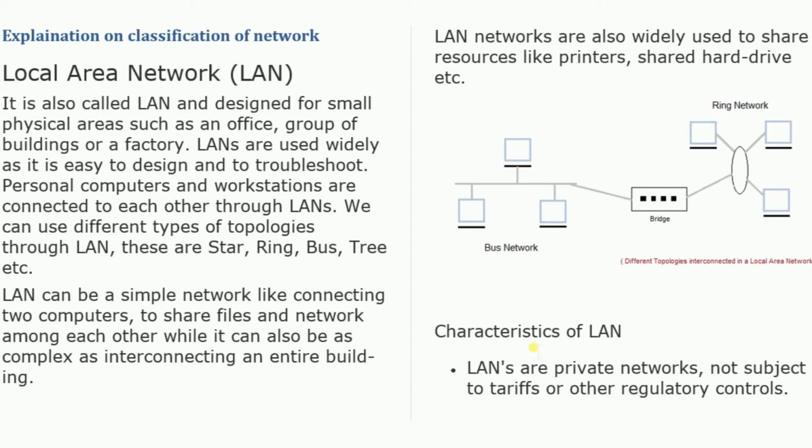Here you can see, LAN is designed for small physical areas such as an office, group of buildings, or a factory. LANs are used widely as it is easy to design and to troubleshoot. Personal computers, PCs and workstations are connected to each other using a LAN system.